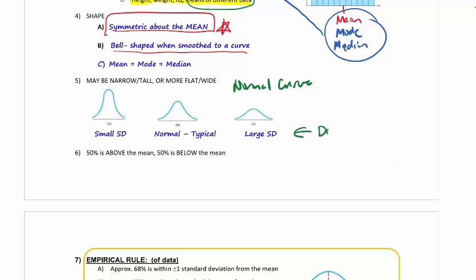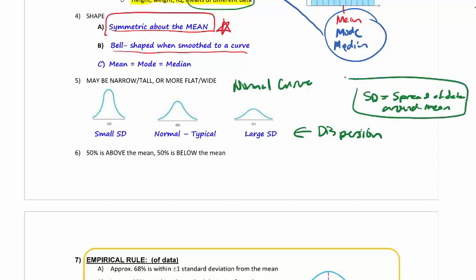So this is the dispersion, remember what we dealt with in the last section, which was when we talk about the mean, we talk about the standard deviation. Remember the standard deviation is the spread of the data around the mean. That's my standard deviation, which we calculated in the last sections.